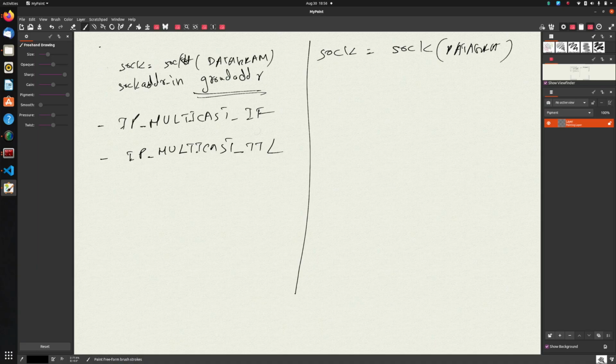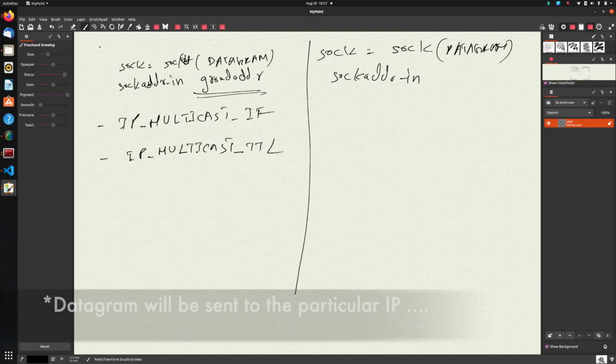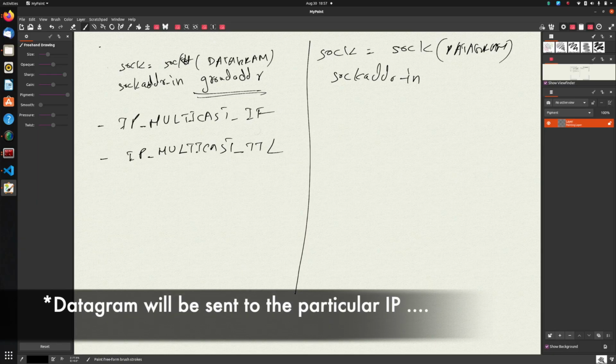It's a datagram type socket, and this time the sockaddr_in address you will be using to bind the listening process will not contain any mention of the group IP address, but it can be any IP address present on that particular host, any IP address belonging to one of the interfaces present in the host. You can also do INADDR_ANY, because just like any other normal listening process, the datagram will be sent to the particular IP at which the process is listening, right?